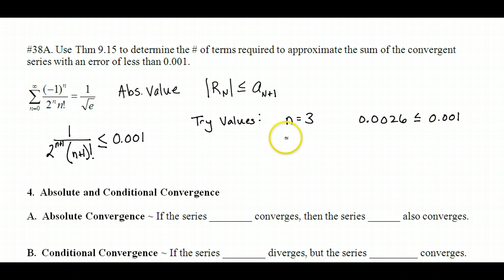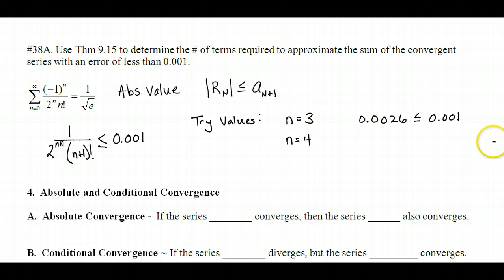I'm not far off, so I'm going to try, well, what if n is equal to 4? If this was way off, you might want to jump up by a significant amount. And again, factorial increases really quickly, so that also helps, but we just have to find one that works here. So now I have 1 divided by, if n is equal to 4, 2 to the 5th times 5 factorial.